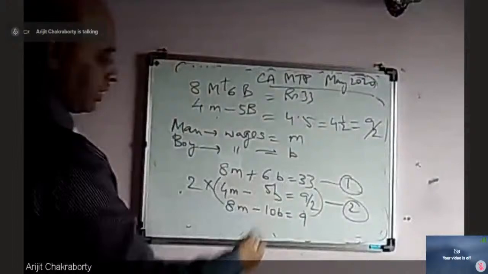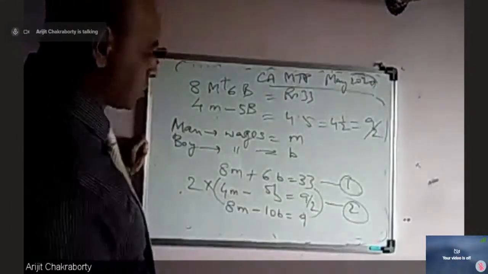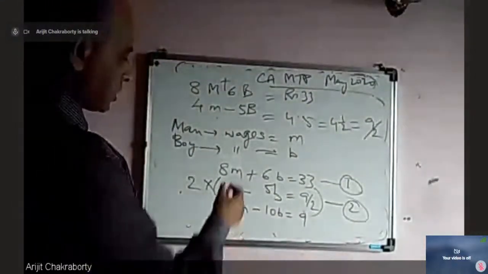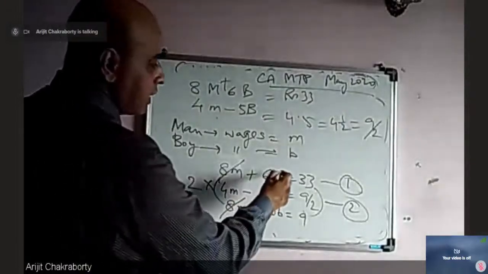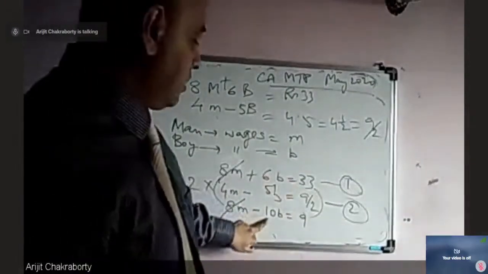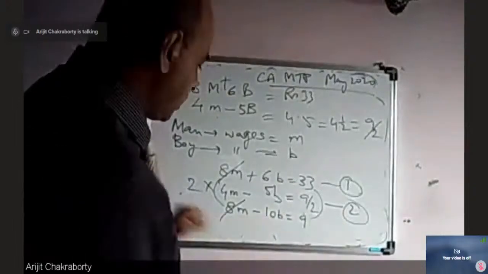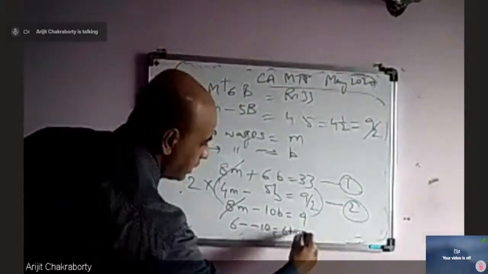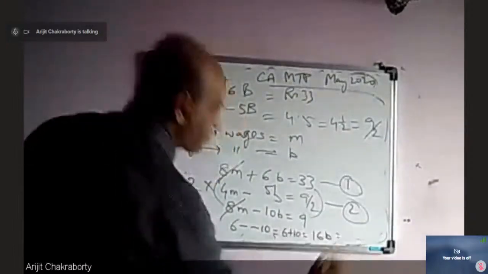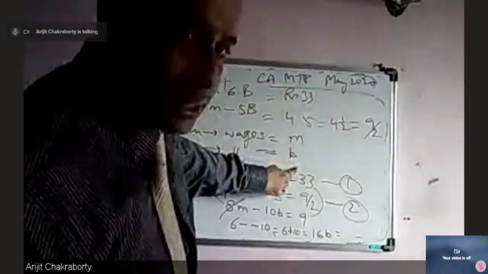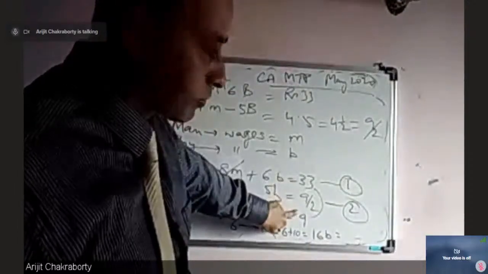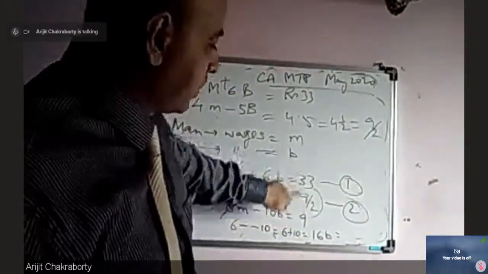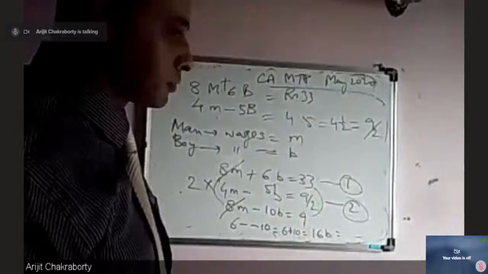So from here, very simple, we subtract. So 8M cancels out. 6 boys minus 10 boys, so it becomes 6 minus minus 10, that is 6 plus 10. That is 16B is equal to 33 minus 9. 33 minus 9. Please see.